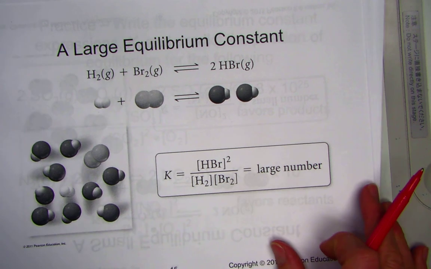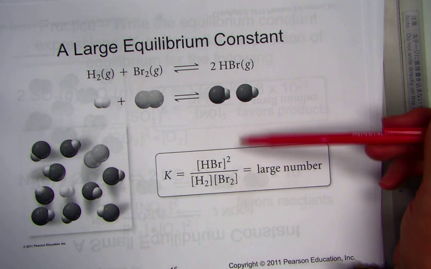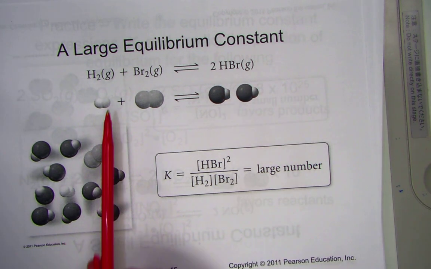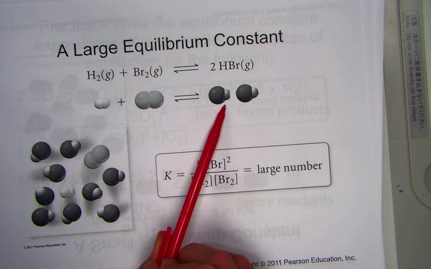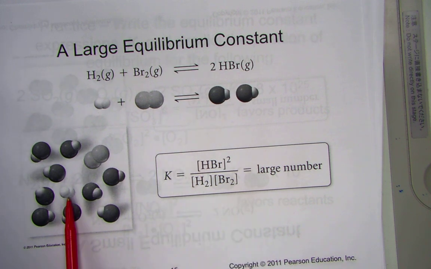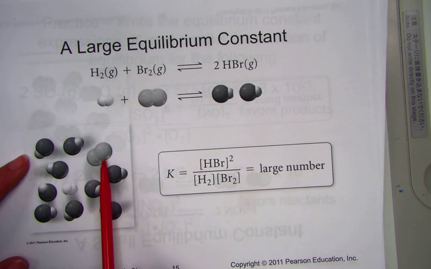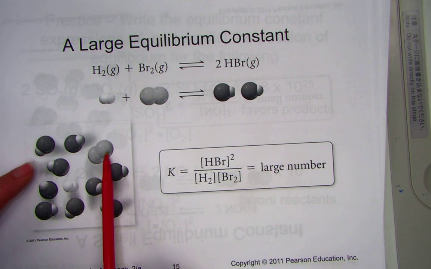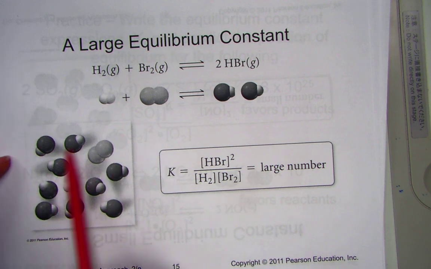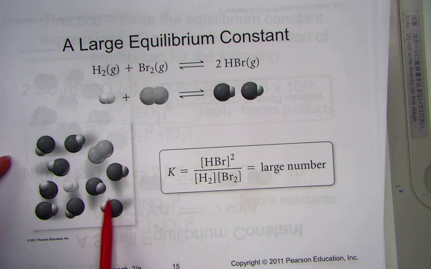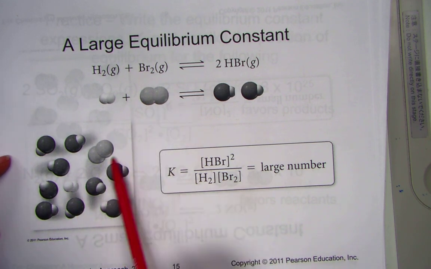So a large equilibrium constant. If I take a look at this particular equation where hydrogen and bromine form hydrogen bromide, I have 1 hydrogen, 1 bromine, and a whole lot of HBr in this particular diagram. The hydrogen molecule here, the bromine molecule here.